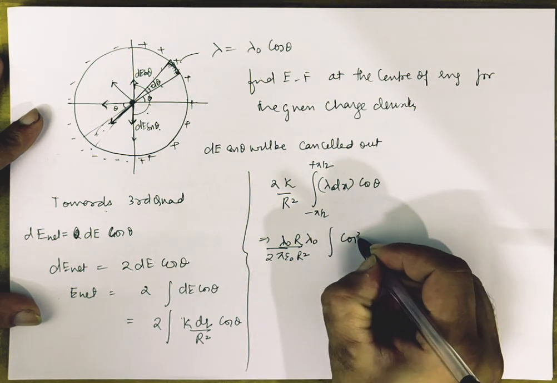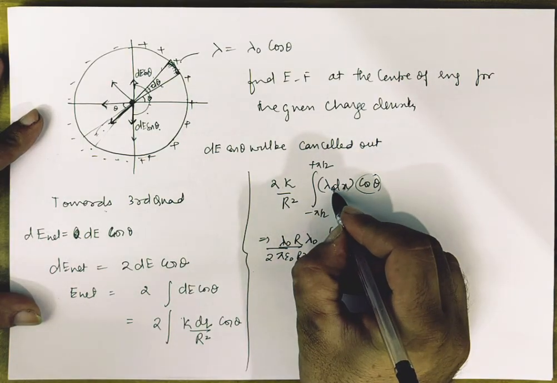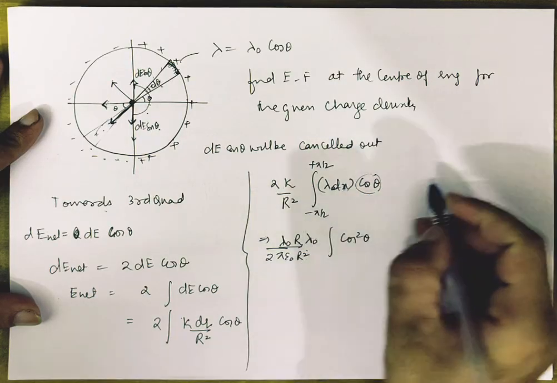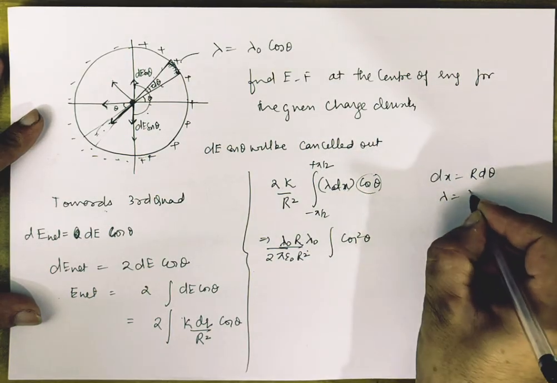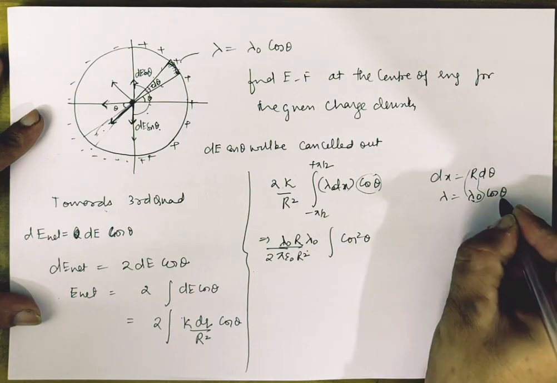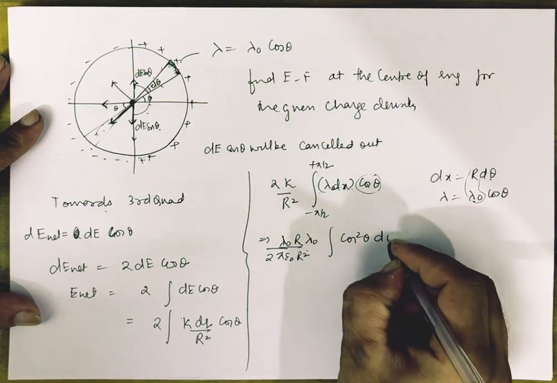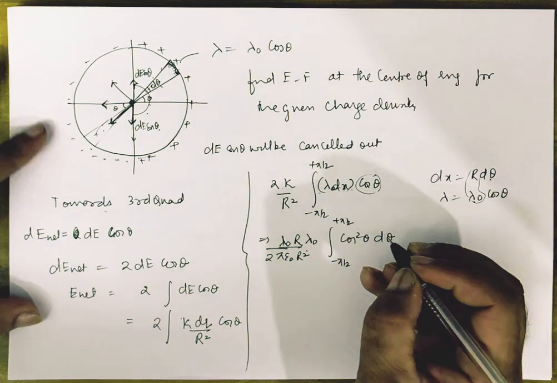So we have a cos squared theta, because cos is already there, and one cos comes from lambda. Lambda naught and r have been taken out, and cos theta d theta are emerging from this expression, from minus pi by 2 to plus pi by 2.